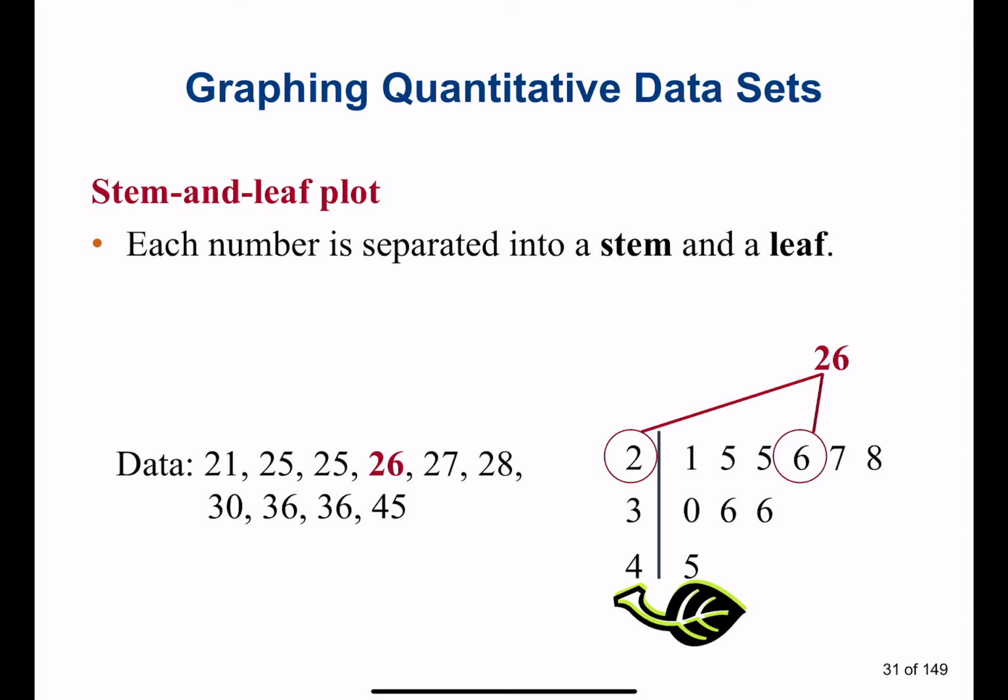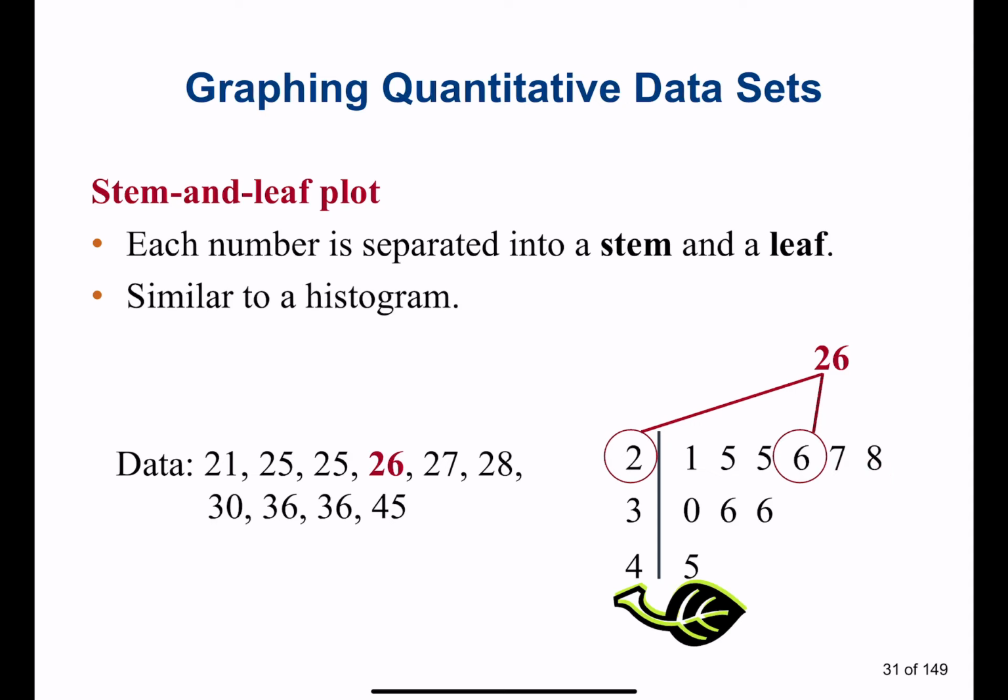So I'm going to put on the left side of the vertical line the stems 2, 3, and 4. And horizontally on the other side of the vertical line, I am placing the leaves 1, 5, 5, which is here, 1, 5, 5, and then 26, look, 6, 7, 8.